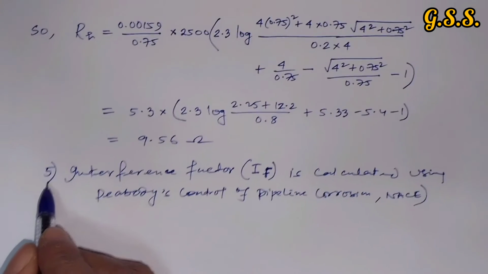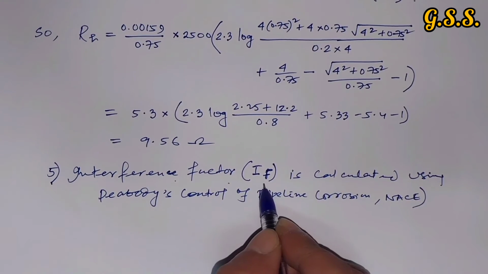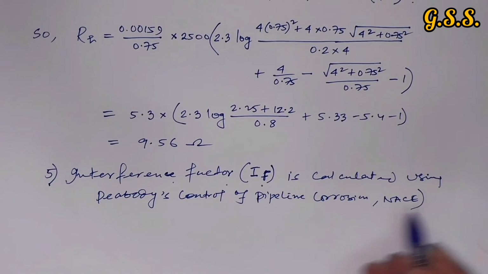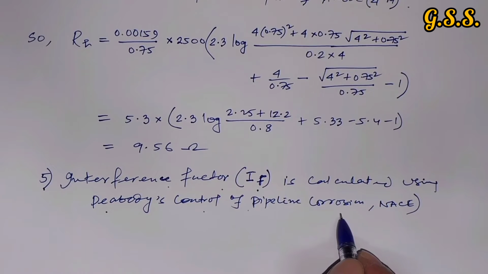Now fifth equation, we have to calculate the interference factor IF using Peabody's Control of Pipeline Corrosion handbook.